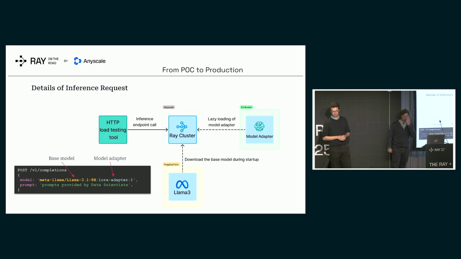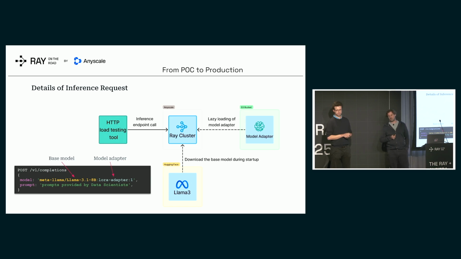So just a quick slide to explain how it works with LoRa adapters and during the load testing. To load test, we use an HTTP load test tool. And the request looks like this. We pass the base model, that is always LLaMa 3.1 8 billion.